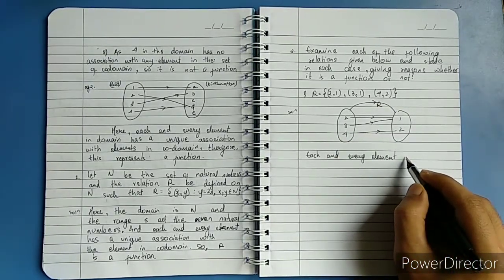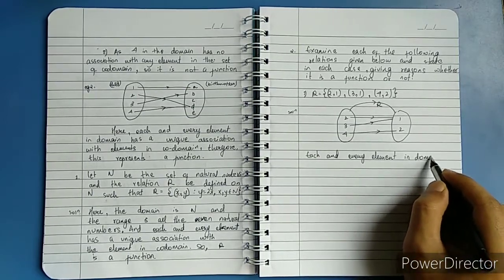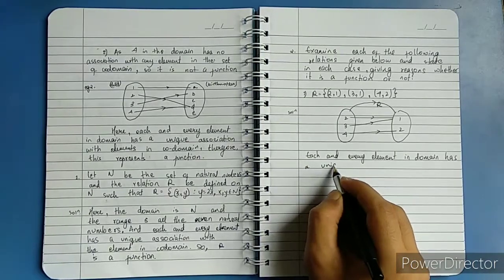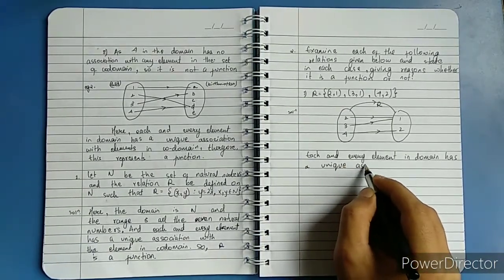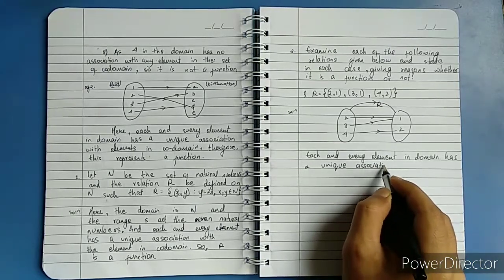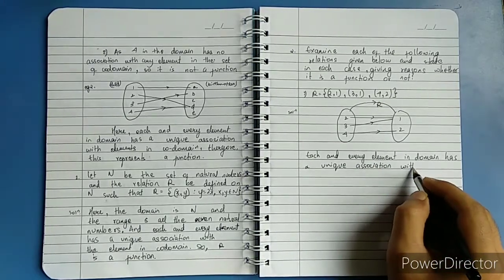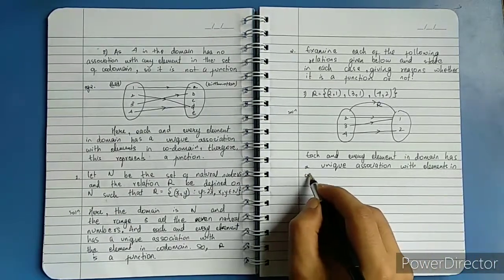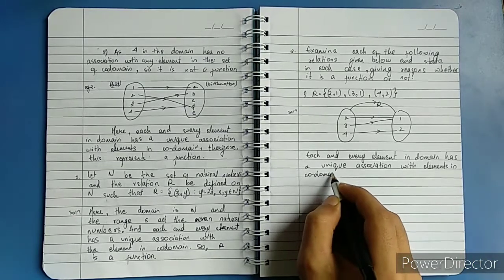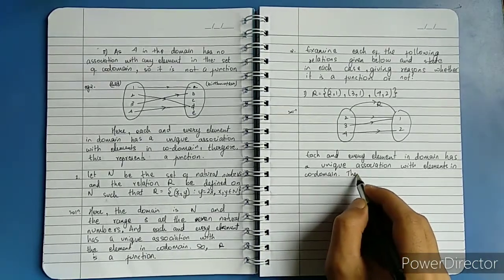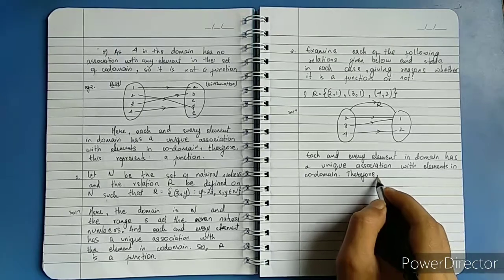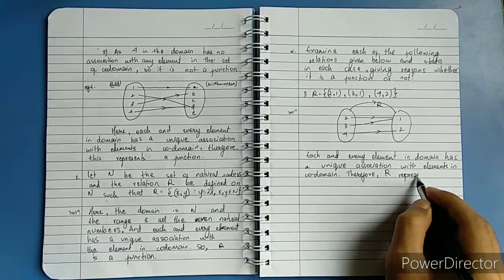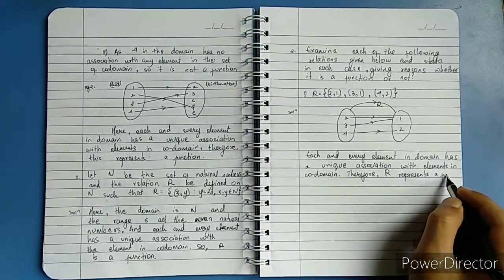Each and every element in domain has a unique association with elements in codomain, therefore R represents a function.